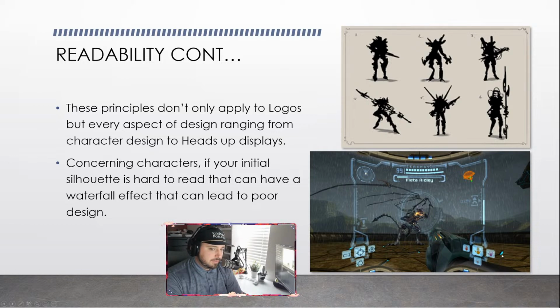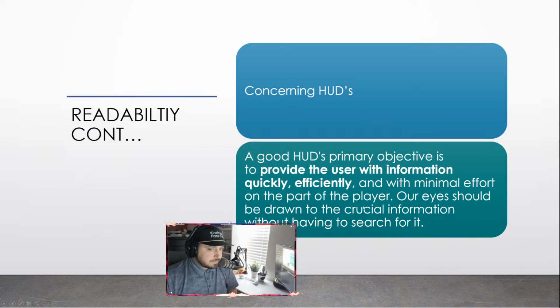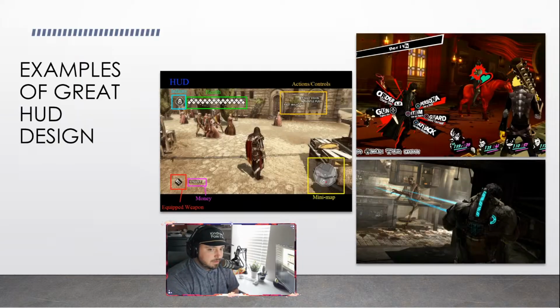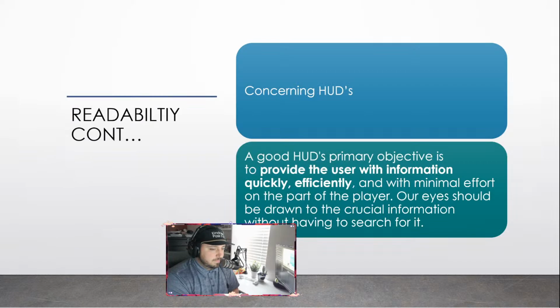My radar, my different ability types, my different weapon types, my mini map, my missile count, it's all right here in my field of view for me to see super quickly. There's a reason why other games end up needing mods to fix their UI, because they're just not readable.